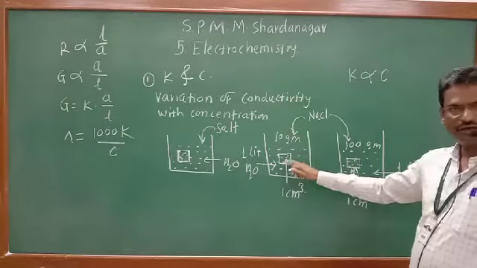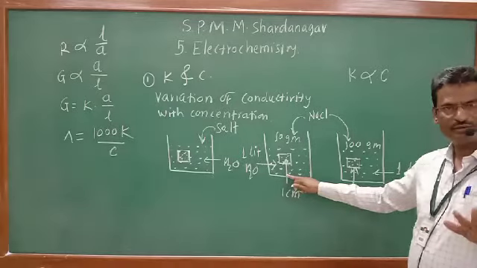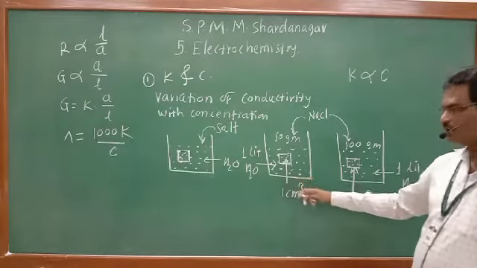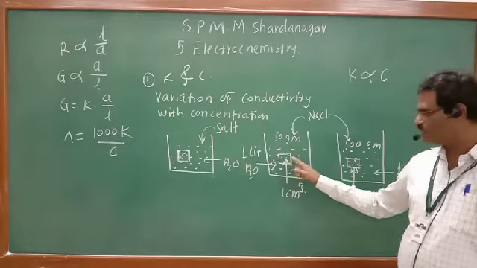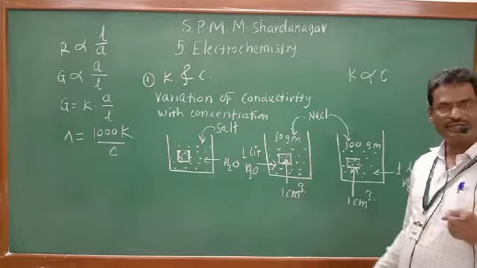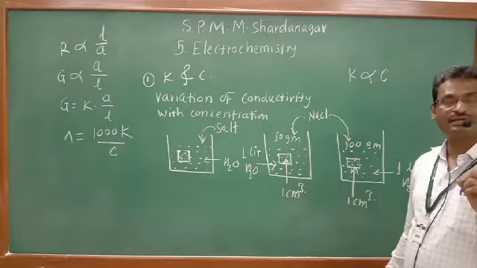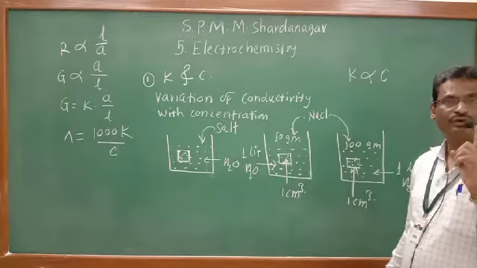If the concentration is decreased here, conductivity is also less. Why? Because number of ions is less. Since number of ions in 1 centimeter cube volume is less, concentration is less, and conductivity is also less.